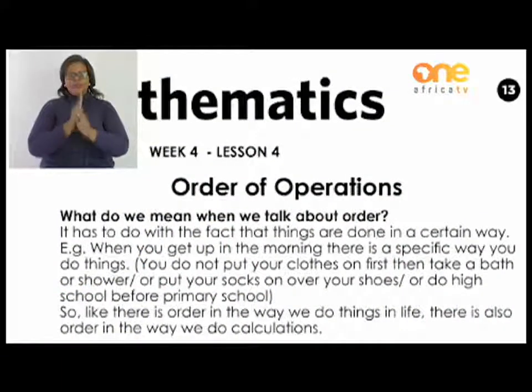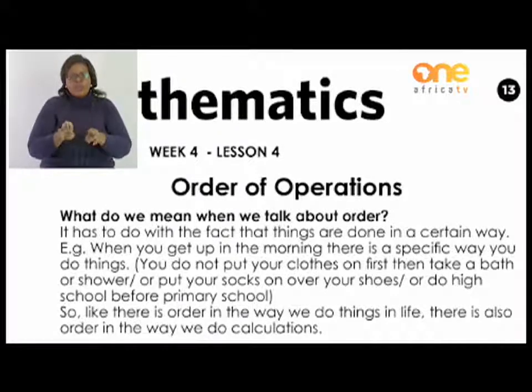Order of operations. What do we mean when we talk about order? It has to do with the fact that things are done in a certain way. For example, when you get up in the morning, there is a specific way you do things.